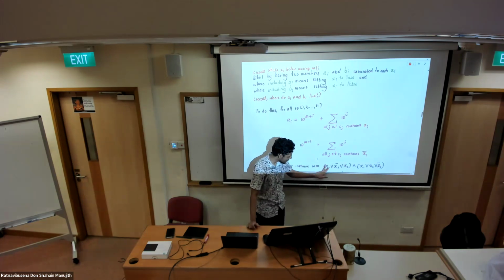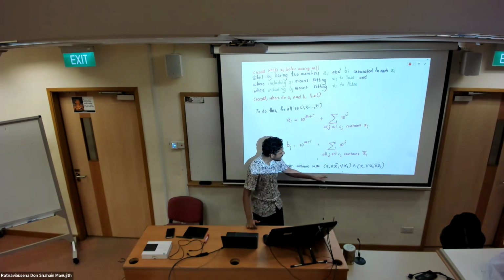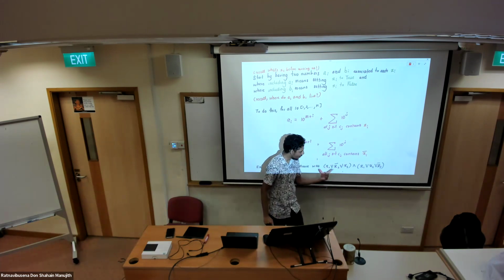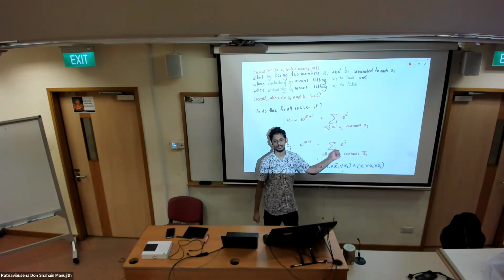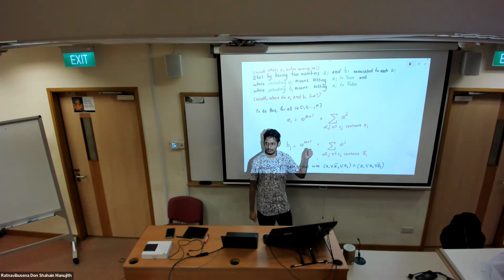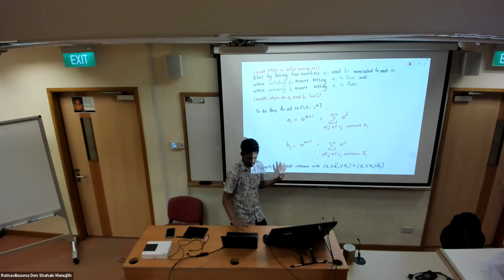I see x1 is present, and this is clause 1, so to this sum I add 10 to the 1 because it's clause number 1. Then I come to this one and see x1 is also present in clause number 2, so I add 10 to the 2 also.